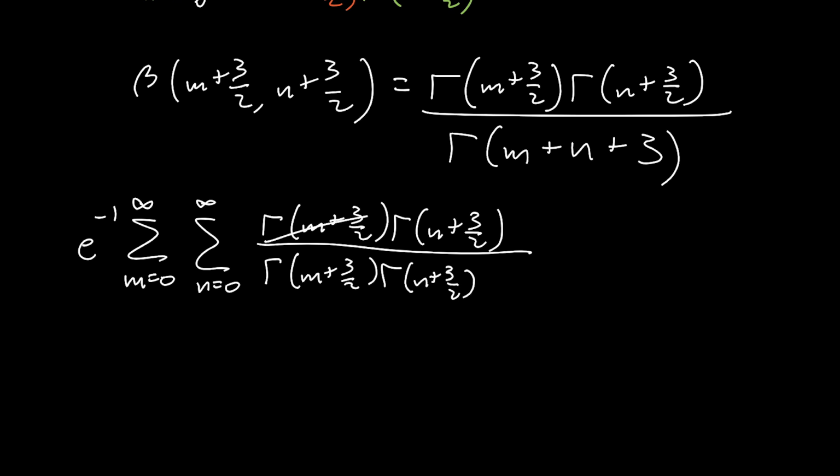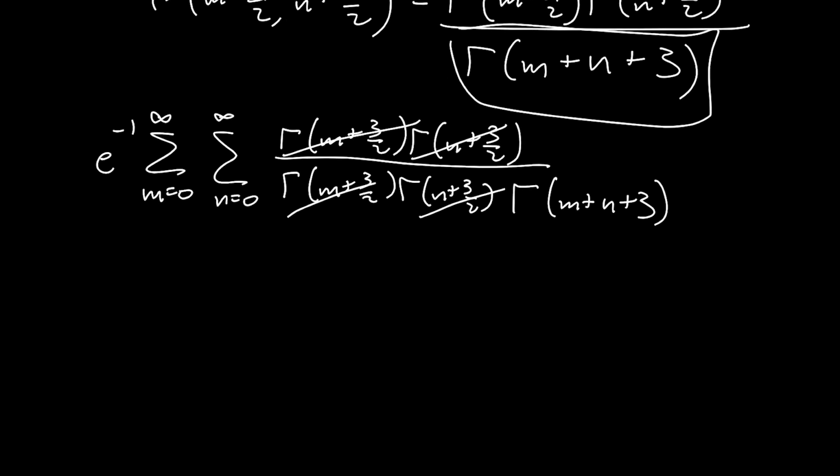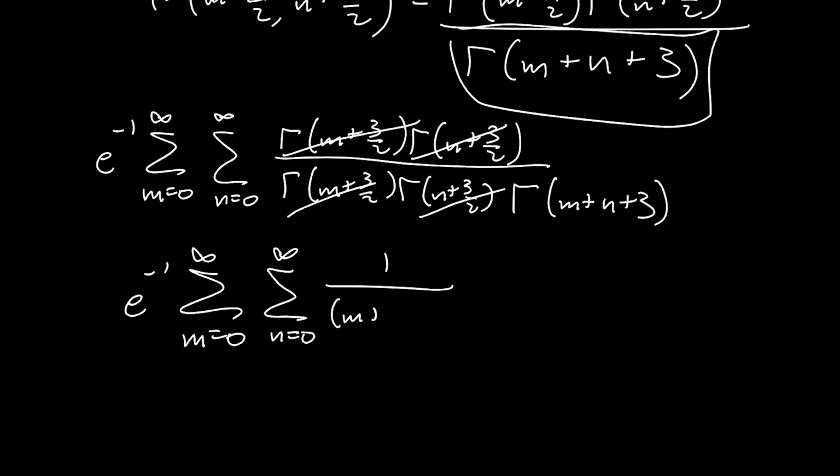So these end up just cancelling out, and we end up just getting this term here on the denominator, gamma of m plus n plus 3. And since we know that m plus n plus 3 is always going to be an integer, we can write this in factorial form. Sum from m equals 0 to infinity, the sum from n equals 0 to infinity, of 1 over m plus n plus 2 factorial.